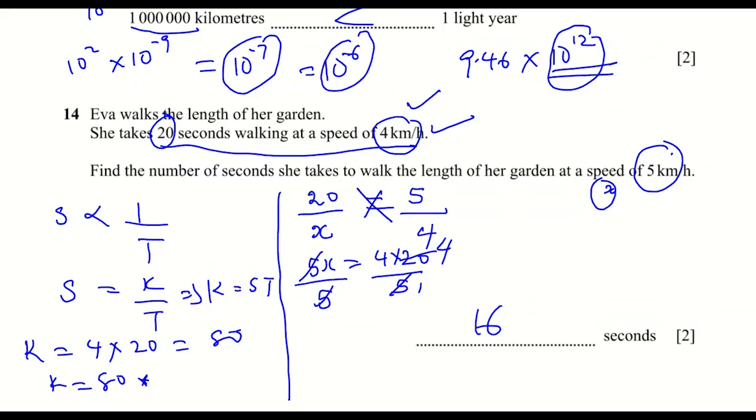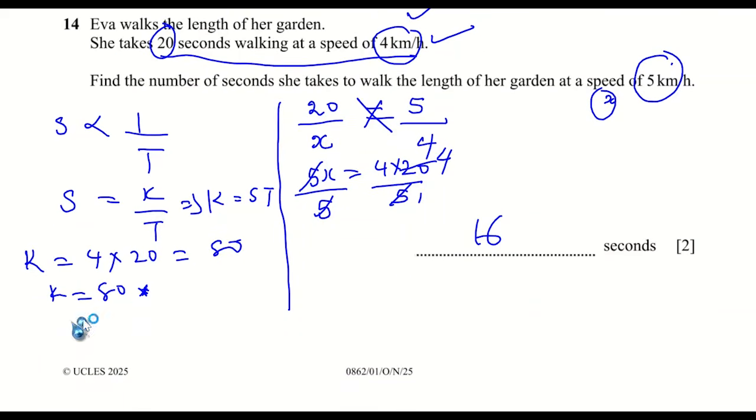So for the second one, we can scroll down a little bit. We can say k equals the speed, which is 5, multiplied by the time, which we don't know, so we say x. This gives 5x. Let's denote this one by star star.